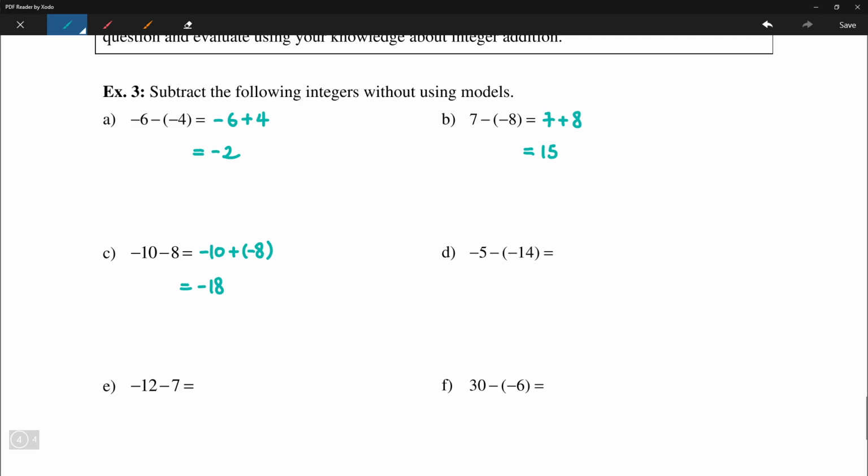Next we have -5 plus 14. So the sum was +9. -12 minus 7 is the same as -12 plus -7. So the result should be more negative, so -19 in this case. 30 plus 6, if we were to rewrite example F, so that would be 36 in total.